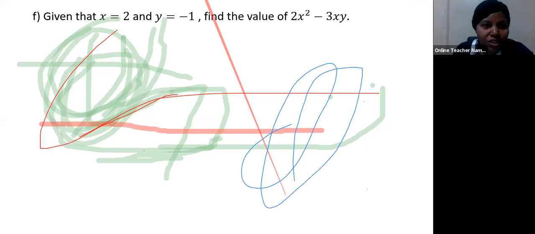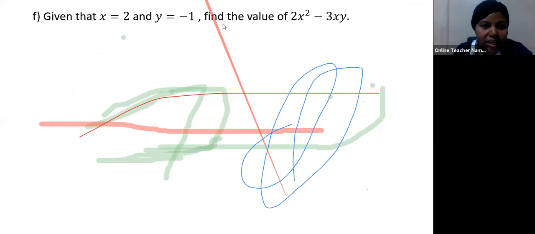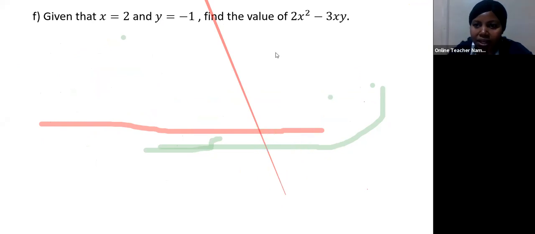So we have the next question, which is saying, given that x equal to 2 and y equals to -1, find the value of 2x squared minus 3xy.